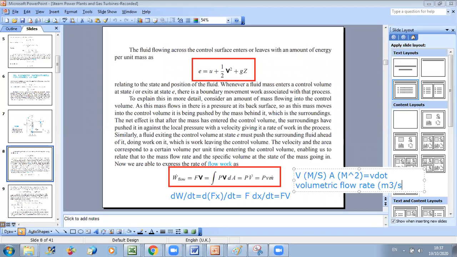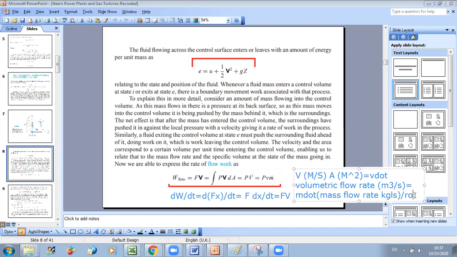And you know that the volumetric flow rate can be related to the mass flow rate by which relation? It's equal to the mass flow rate m dot over the density rho. m dot is the mass flow rate in kilogram per second, and rho is in kilogram per meter cube.